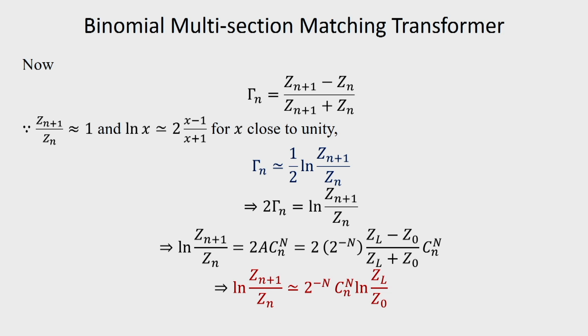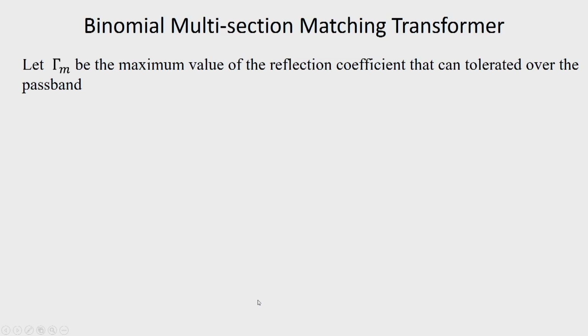We can find the characteristic impedance of all the lambda by 4 sections that are used in that multi-section transformer design. We can also have an estimate of the bandwidth that we can have for this type of a multi-section quarter wave matching transformer.